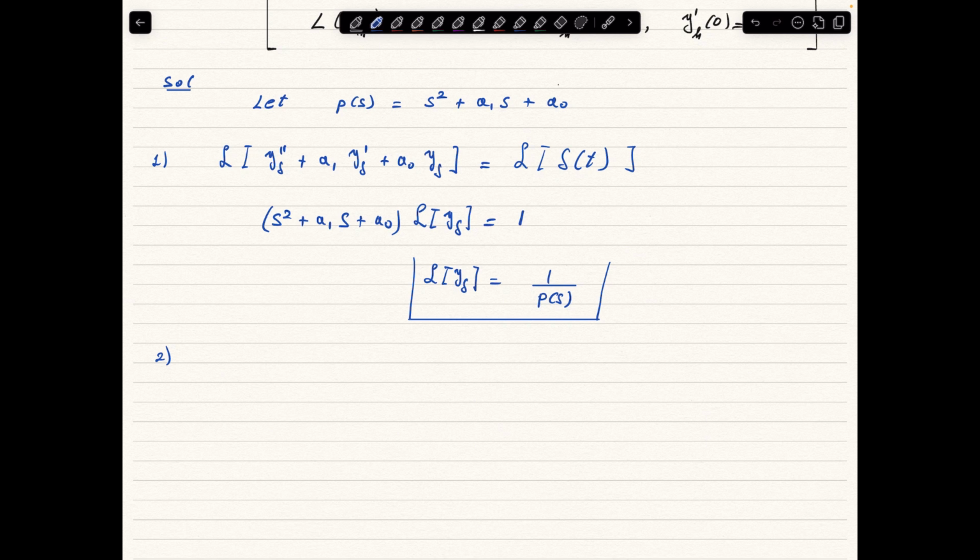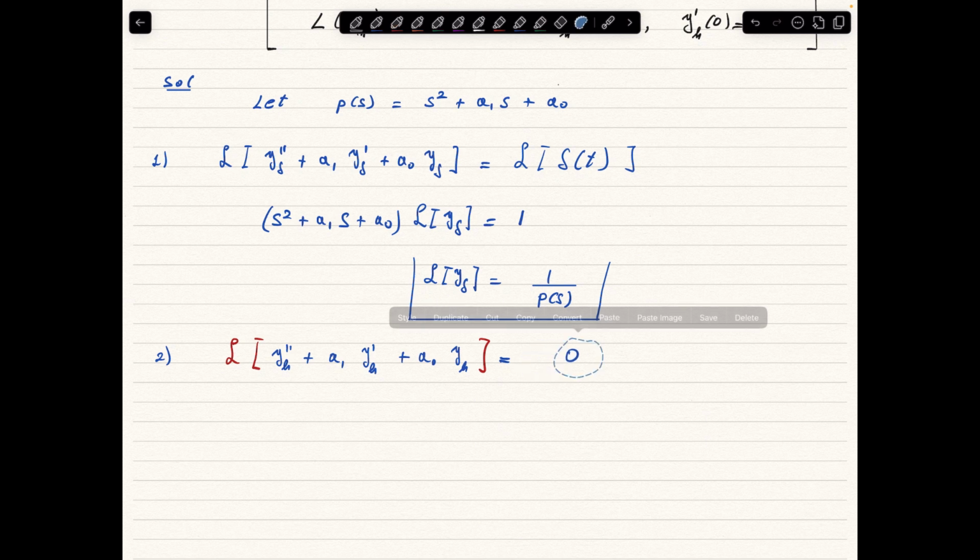Problem 2: we want to find the solution of yh double prime plus a1 yh prime plus a0 yh, and that is equal to 0 now. So we compute the Laplace transform, and of course we compute the Laplace transform on the other side, but now the Laplace transform there is actually 0.